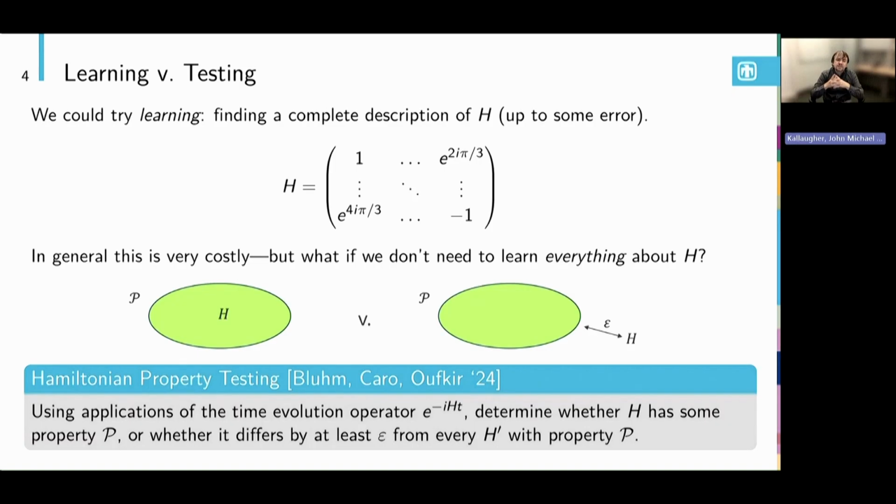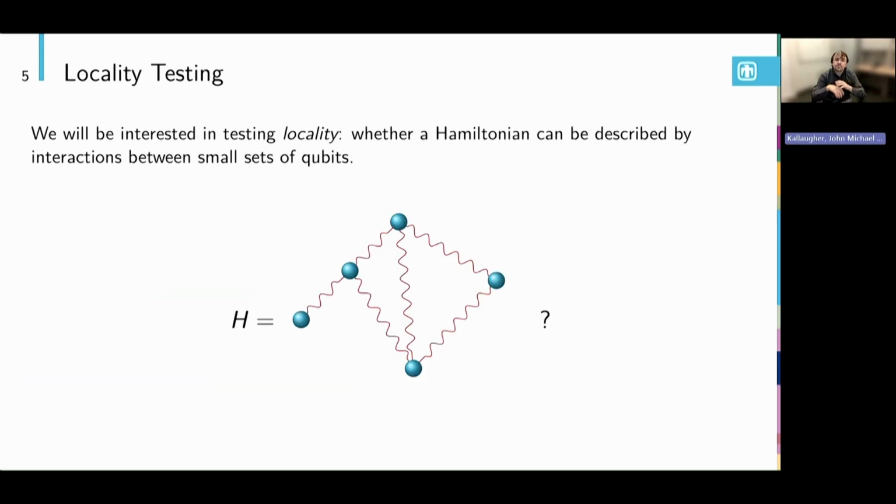First studied in this work of Bloom, Crowe, and Ufkir, there's some property for which you want to determine whether H has that property, or whether it's at least epsilon far from every single other Hamiltonian that has that property. And in particular, the property that we're going to be interested in here is the property of locality.